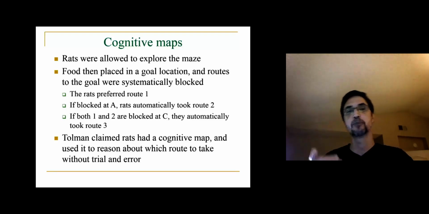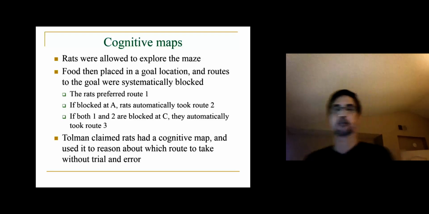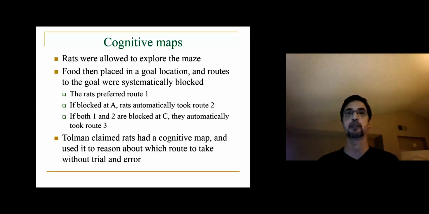And if both 1 and 2 were blocked, the rats automatically took Route 3, without any kind of trial and error learning. So Tolman claimed that the rats had created a cognitive map. They learned this cognitive map as they explored the maze, and that they used it to reason about which route to take when they found that certain routes had been blocked.